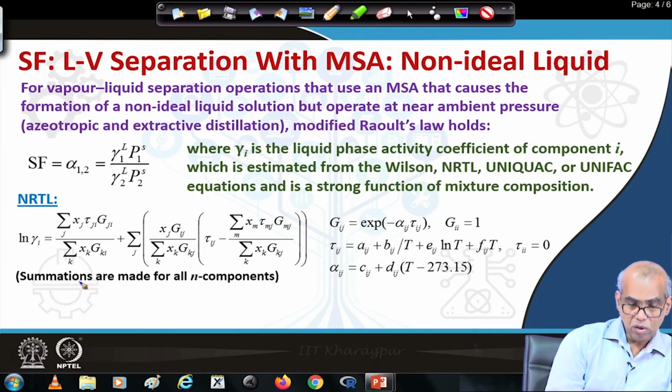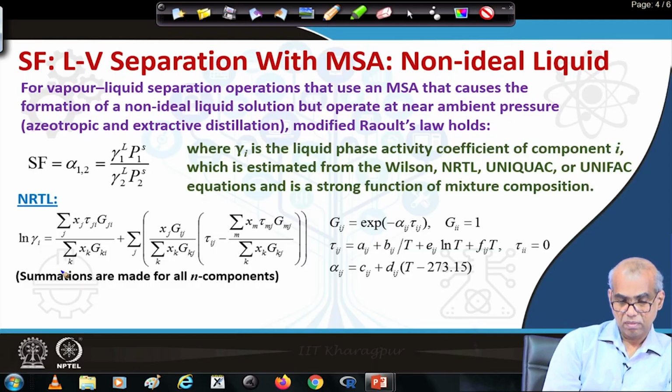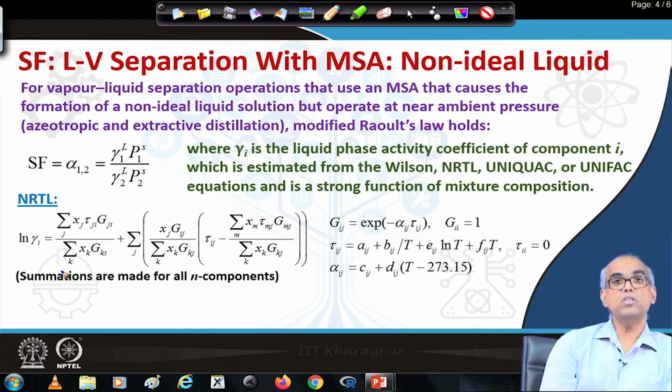Here all the summations need to be made for all the components present in the mixture. So, if we consider there are n components present in the mixture, all the summations run from 1 to n.